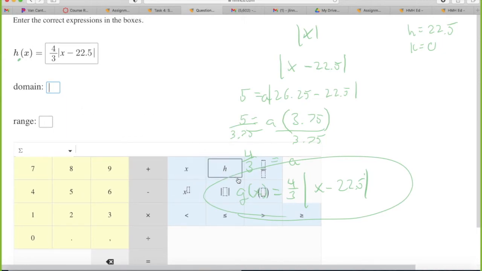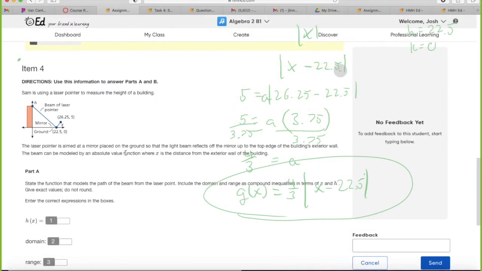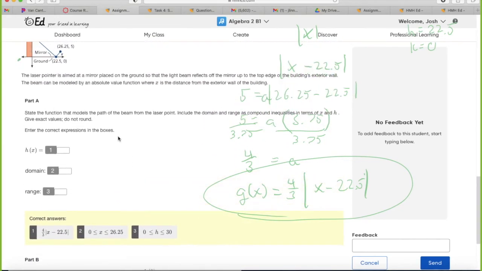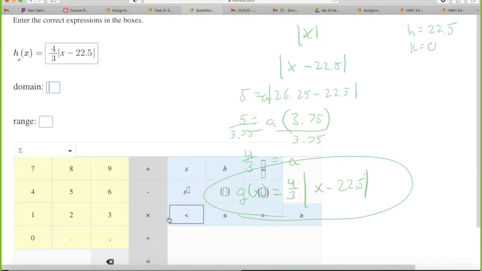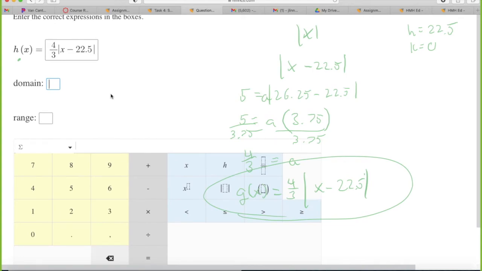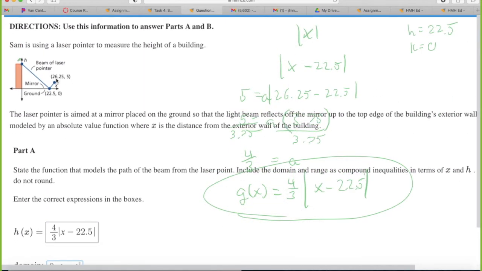So I'm assuming they want this in interval notation. Maybe not. Let's check. They want it in, no, what are these called? Inequality form. That's it. So the domain is going to be 0 is less than or equal to x, which is less than or equal to 26.25.